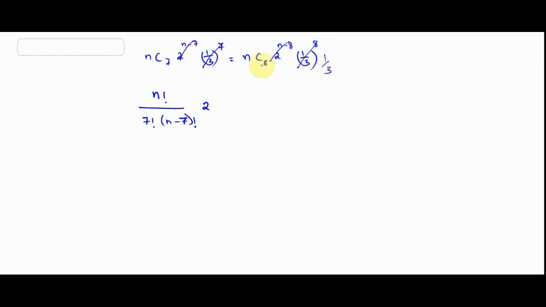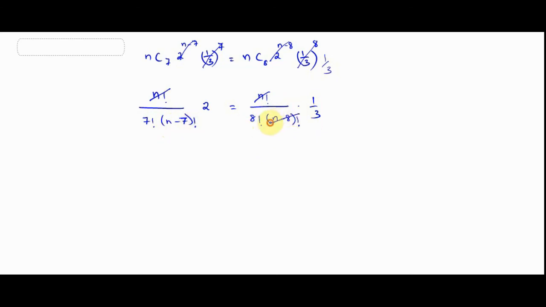So on the left hand side, this will be the term, that one is equal to nC8, which means n factorial divided by 8 factorial into (n minus 8) factorial, into 1 by 3. Let's cancel common terms on both sides. Now here we have (n minus 7) factorial and here we have (n minus 8) factorial.